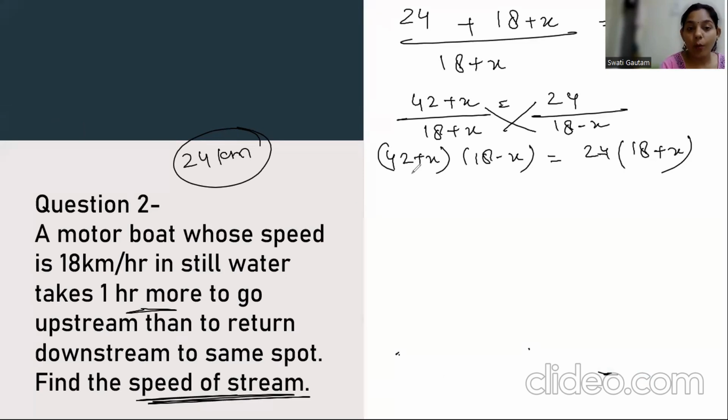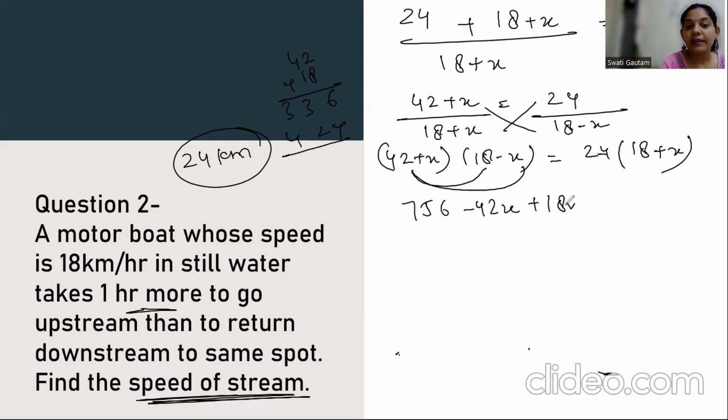Now let's do the solving. Open the brackets, multiplying each number with the numbers of the other bracket. So 42 times 18 is 756, minus 42x. Then x multiplied with 18 is 18x, and x times minus x is minus x square.